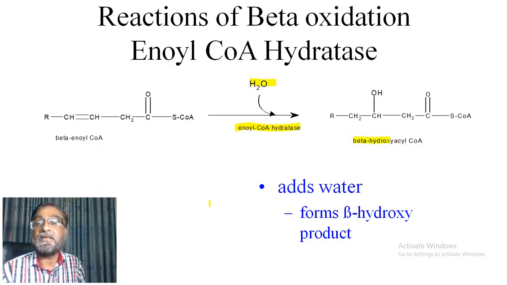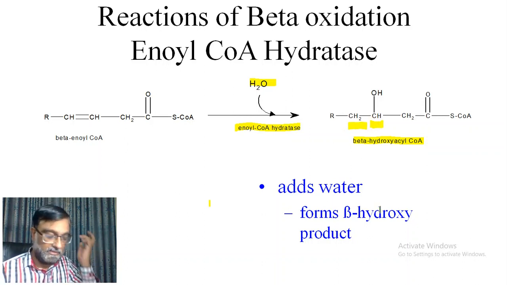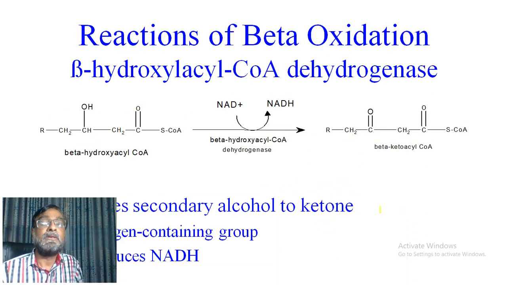As a result, beta hydroxy acyl CoA will be formed, and this water, H and OH, will be added at the double bond. So it adds water, forming the beta hydroxy product.